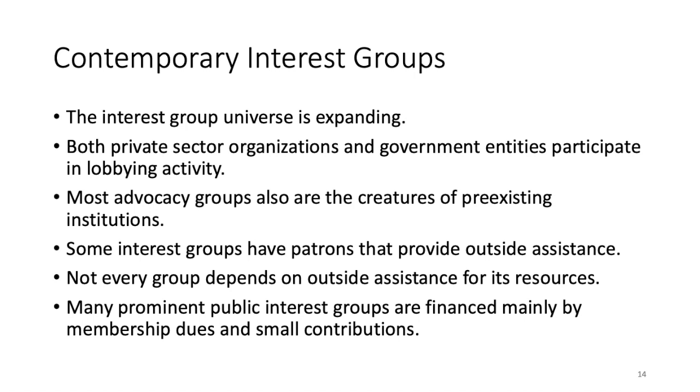We see that some interest groups have patrons that provide outside assistance. Not every group depends on outside assistance. Let's look at AARP. AARP is the interest group for older Americans. It's the Association for Retired Americans. I forget the acronym. But there's a fee that you pay, right?